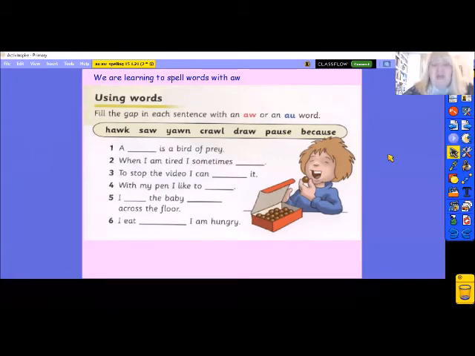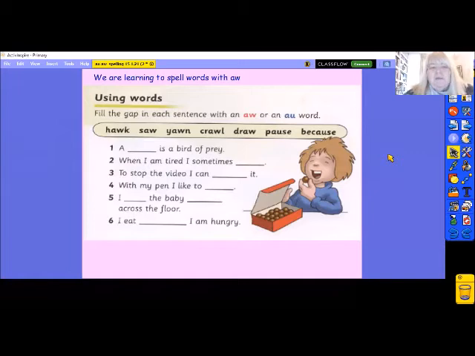A something is a bird of prey. Stop the video and write the sentence. Number 2, when I am tired, I sometimes something. Write the correct word in that sentence and make sure your sentence is beautifully punctuated.